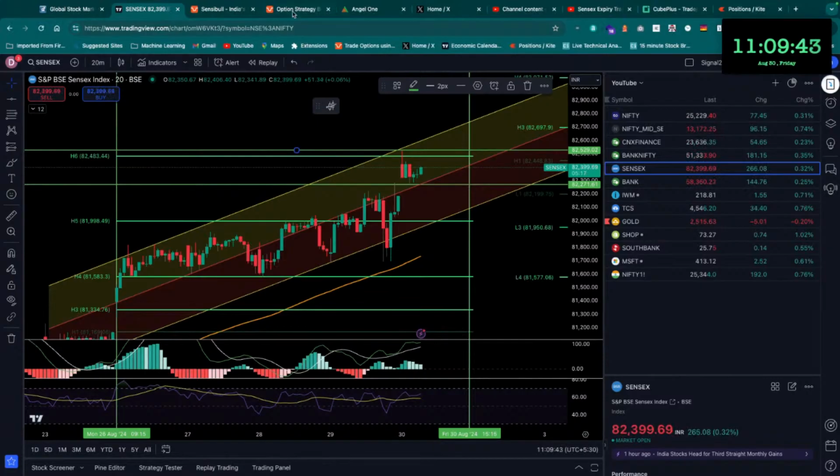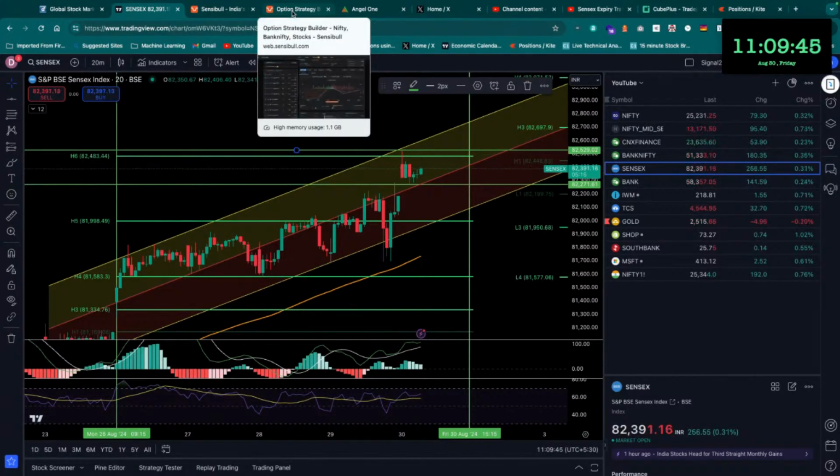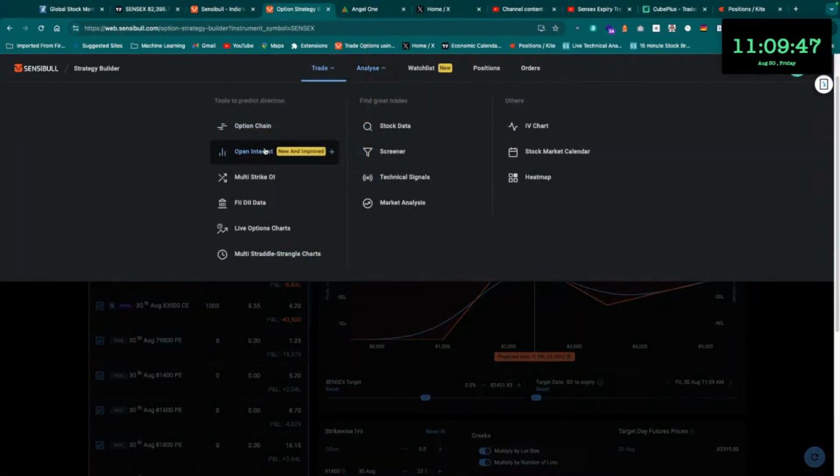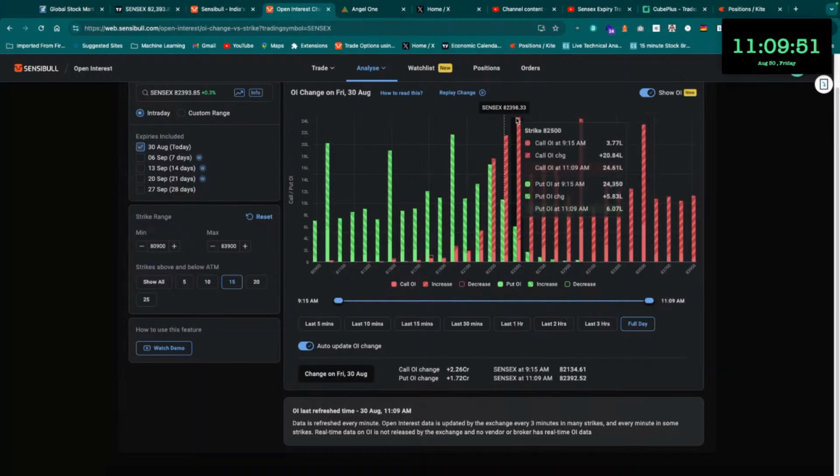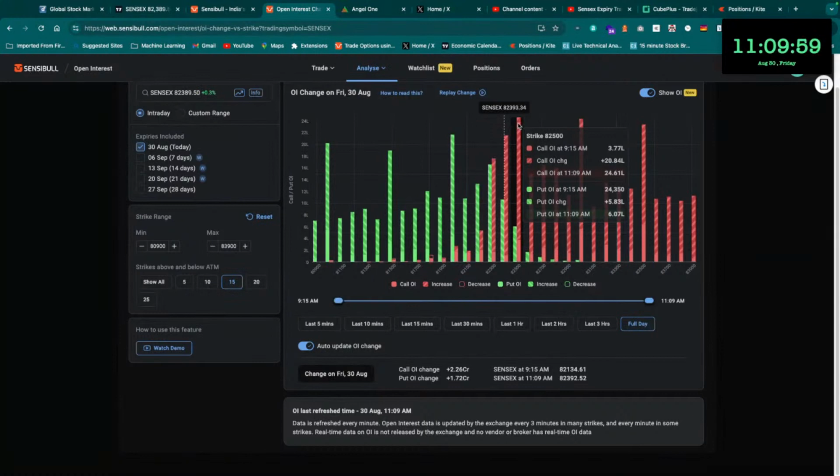Yeah, we did not look at the open interest today. Let's look at open interest. 82,500 definitely seems to be stronger, but whatever I say will only be applicable unless there is a scam. So right now it is.